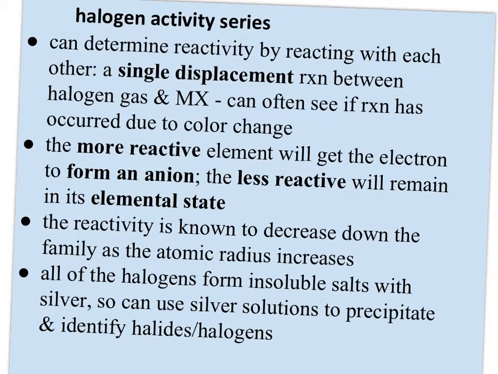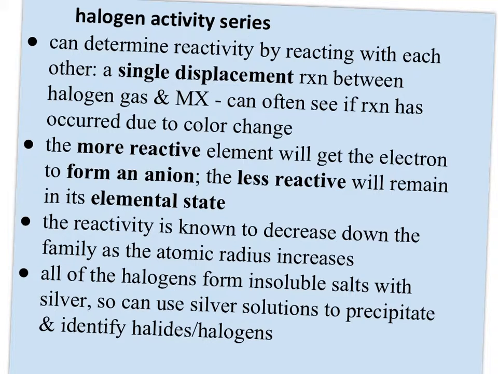So the more reactive element, if it's the one that's there as a halogen gas, it will bump off the less reactive element from the ionic compound and put it back into its elemental state. So if a reaction happens, the more reactive halogen ends up as an ion, and the less reactive element ends up as the halogen gas.